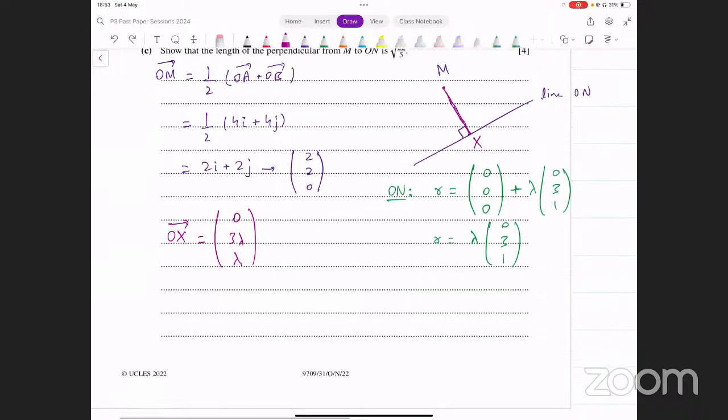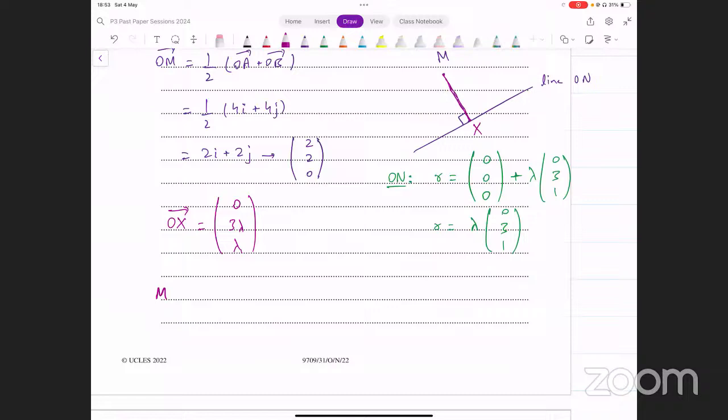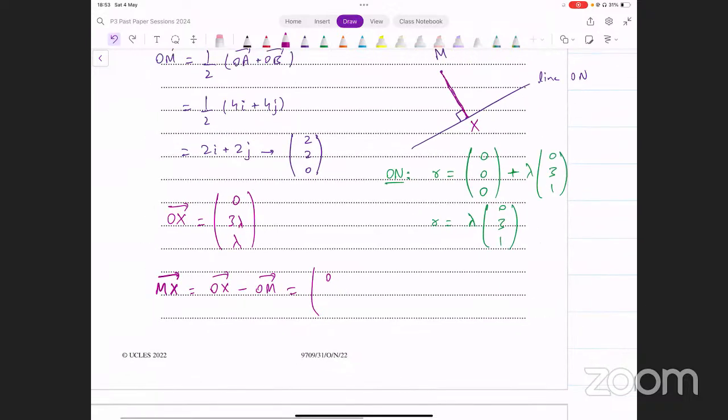What's the vector MX? Let's find that. Vector MX is going to be OX minus OM. That gives us, let me actually just write that, 0, 3 lambda, lambda minus 2, 2, 0.